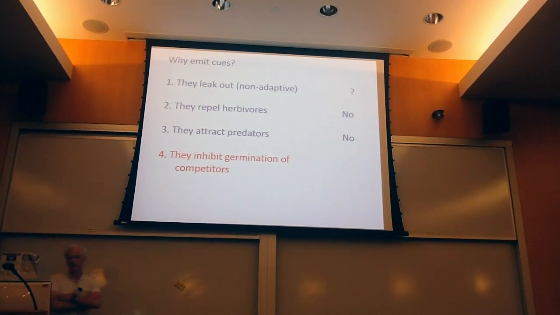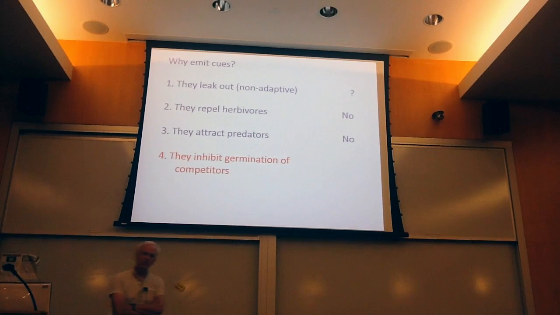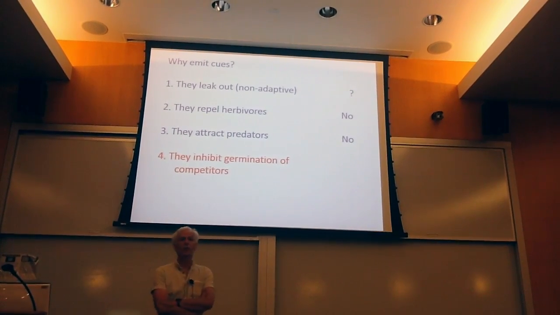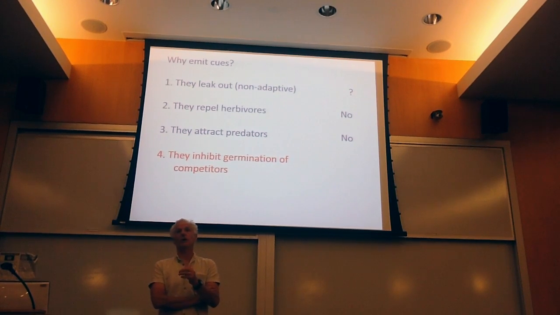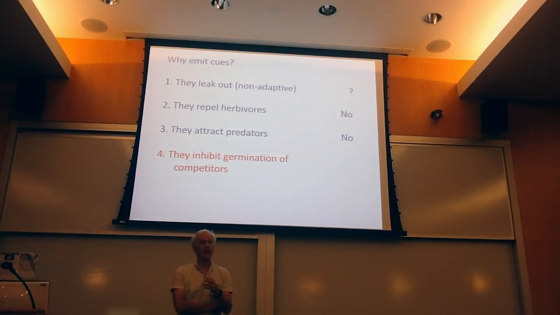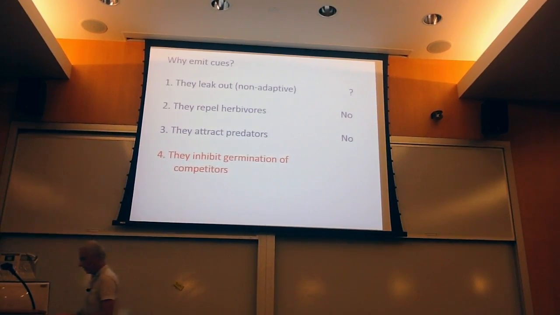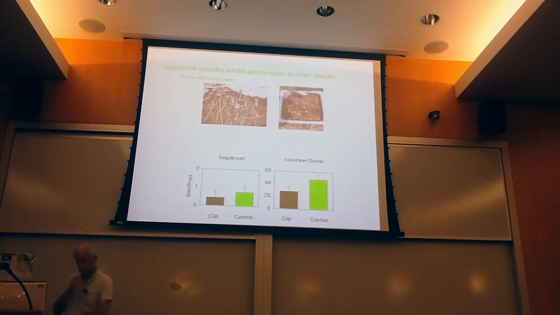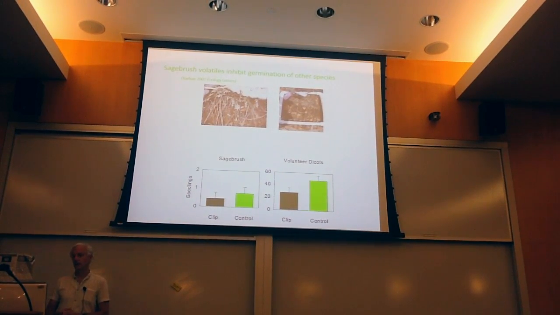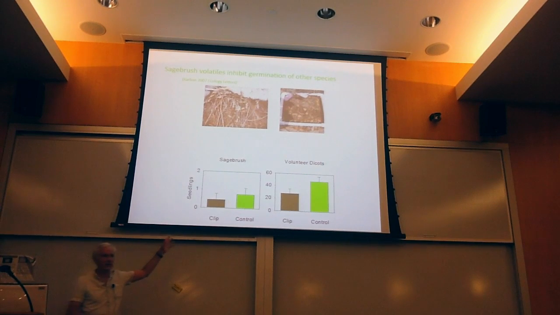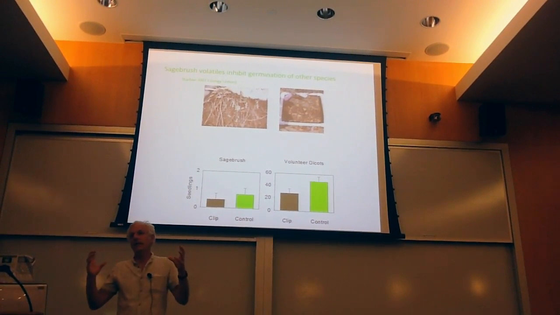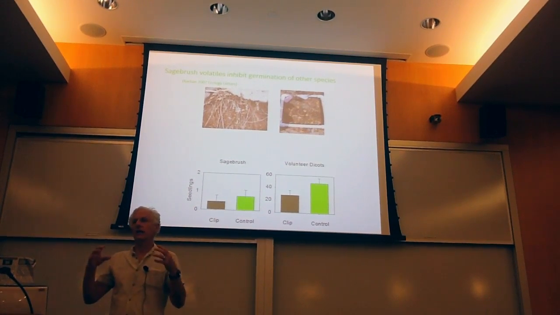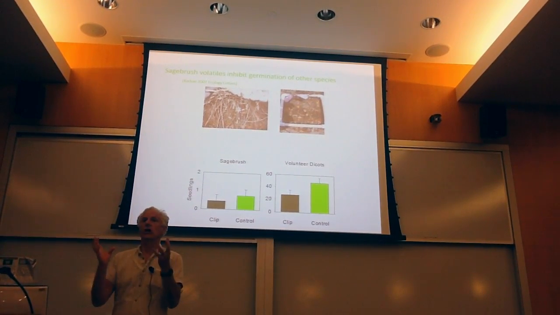They might inhibit the germination of competitors. Some of the chemicals that we knew were emitted by damaged plants were also known to be pretty powerful germination inhibitors. So we conducted some experiments, first out in the field, where sagebrush and most of the plants in this system germinate in the late spring, in May, as the snow is melting.